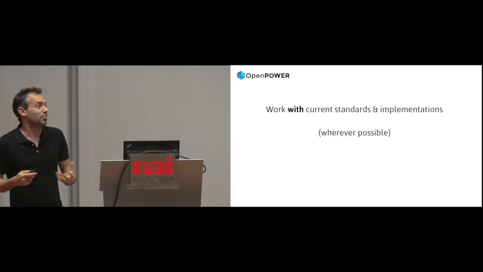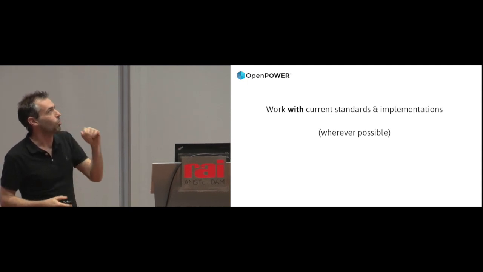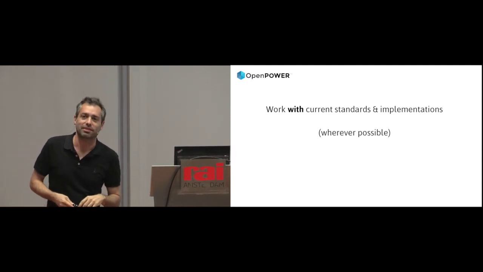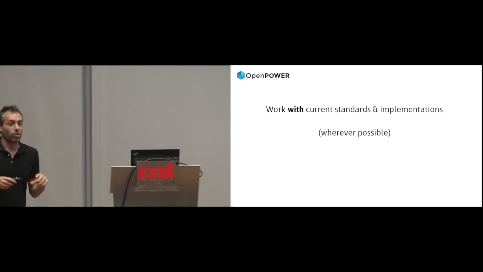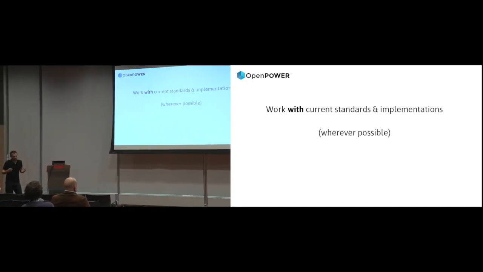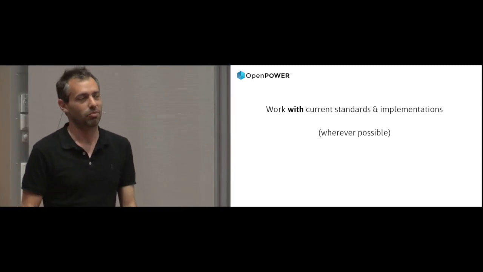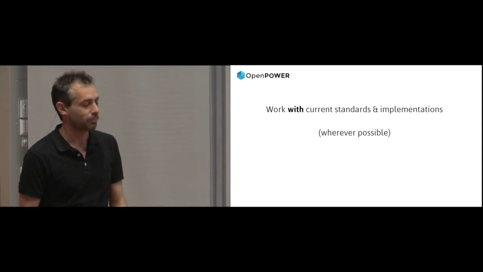So I have a bit of advice for folks who want to work on these bits. Firstly, work with current standards and implementations wherever possible. We want to make evaluating OpenPOWER as seamless as possible. That means we should make these changes in the context of the entire industry rather than just doing things as a one-off.